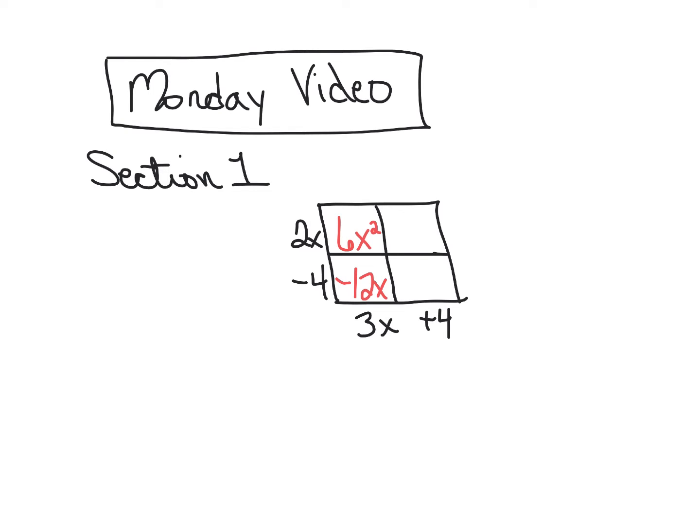And then the top right box would be the positive 4 and the 2x, which is positive 8x. And then that bottom right box, negative 4 times positive 4 is negative 16. And that is all you are doing for that section.